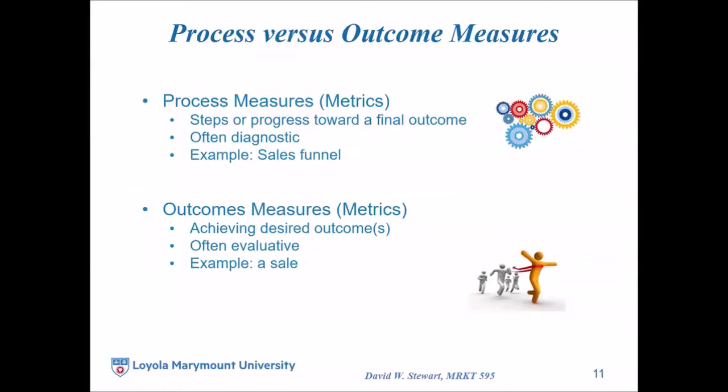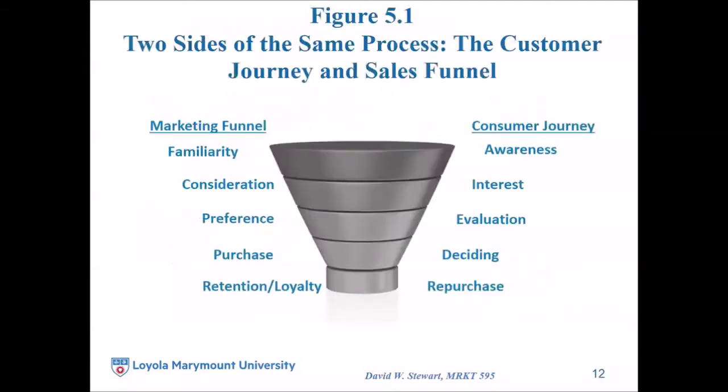There are also measures of process versus measures of outcome. Process measures are measures of steps as you're trying to get to a final result. They can often be used diagnostically. Outcomes are really measures of the desired state, a sale, for example. So here's an example of a set of process measures.